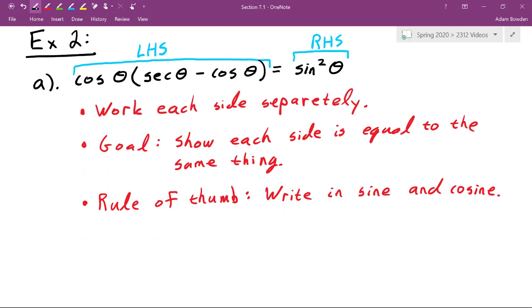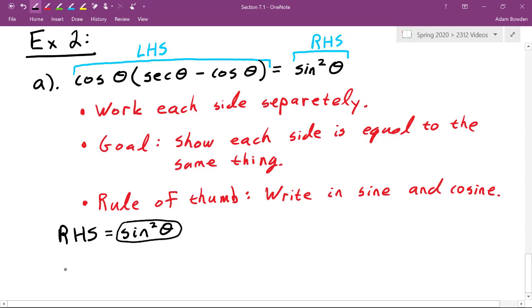The right-hand side is just sine squared theta. I'm just going to leave that as is. There's nothing really to do with it since it's already just the sine itself. So let's keep that as is for now and look at the left-hand side.